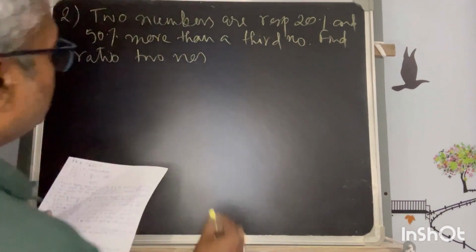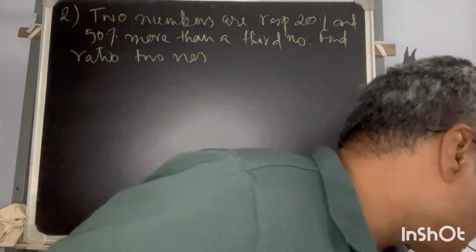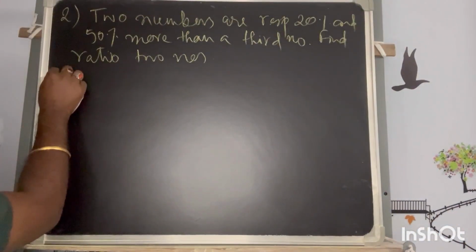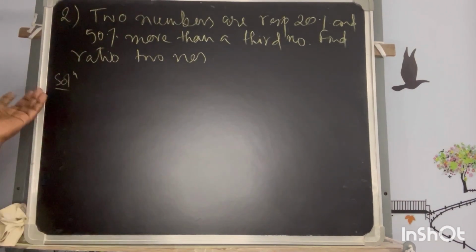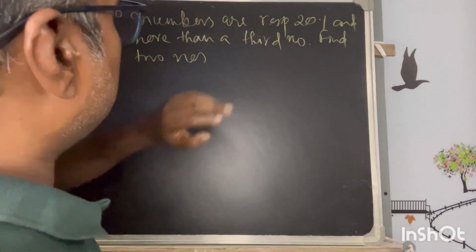Okay, so you have to find the ratio of the two numbers. Although the third number is not taking part, it is building some relation with the first two.